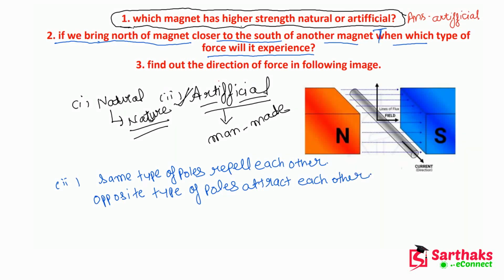Okay, so guys, in this question you can see that there are two opposite poles, because it is written that if we bring the north of the magnet closer to the south of the magnet, let me highlight it for you.